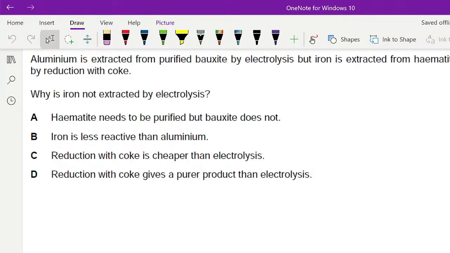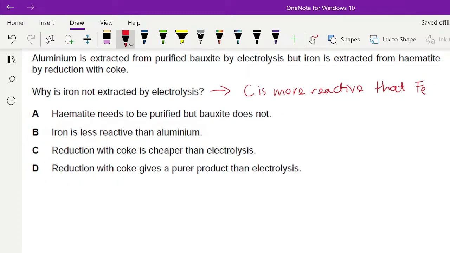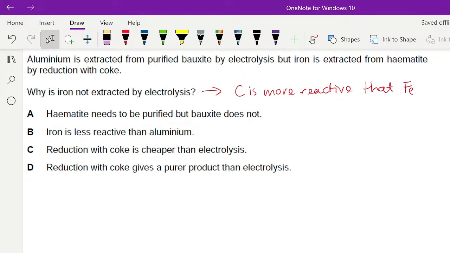Aluminium is extracted from purified bauxite, but iron is extracted from hematite with reduction by coke. So why is iron not extracted by electrolysis? The method that is chosen must be the most economical, okay? So if carbon is more reactive than iron, then you can simply just react the hematite or iron ore with carbon, and then carbon will displace iron and you get carbon dioxide and iron metal.